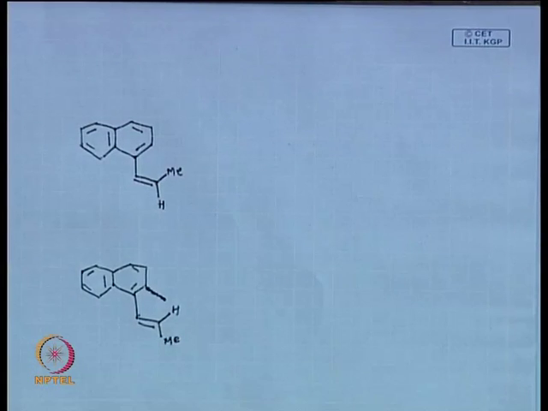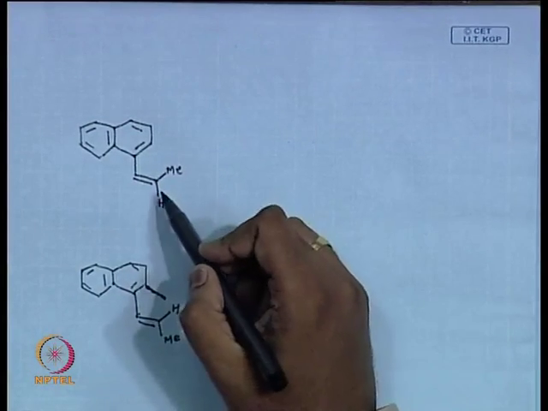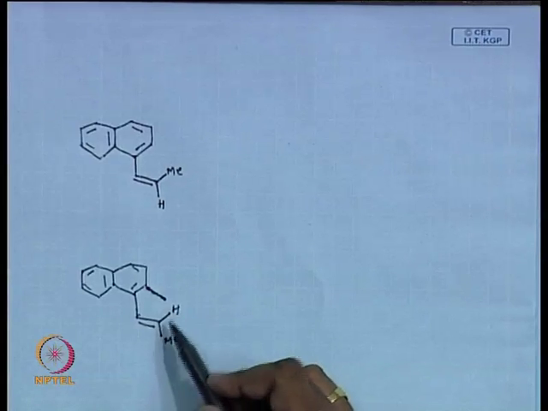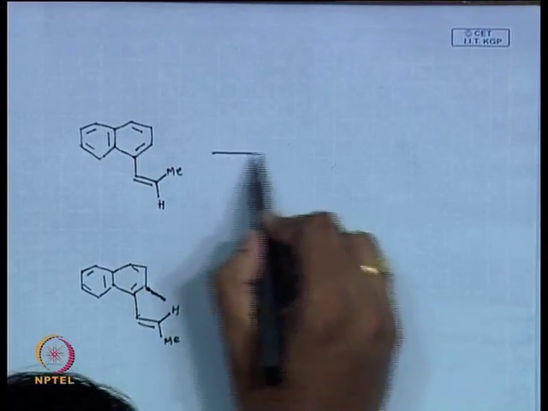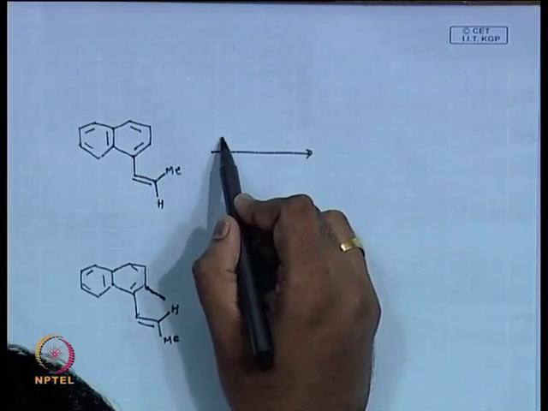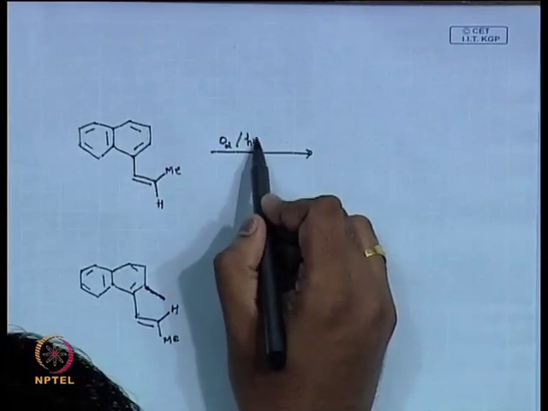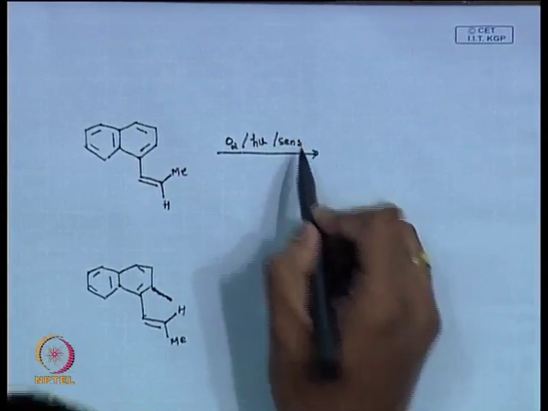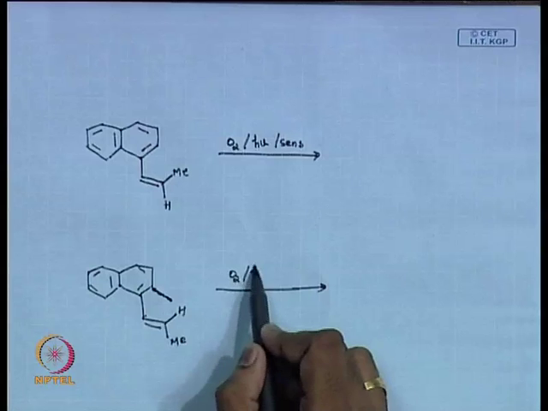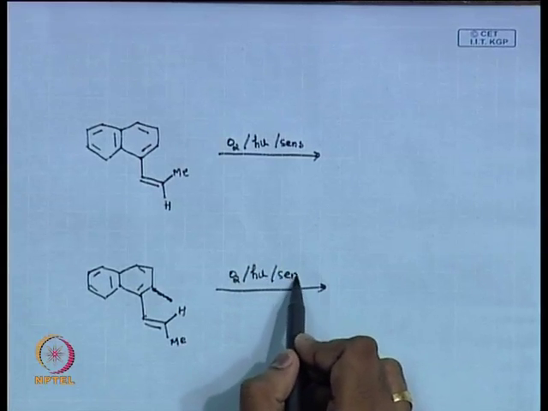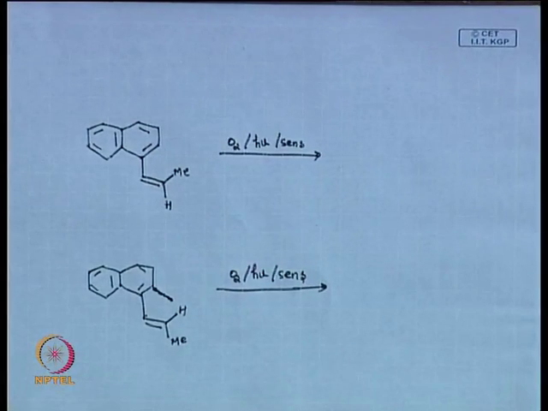This is the other way around. One has a methyl and hydrogen, the other has hydrogen and methyl. It's just the cis and trans of it. I am doing oxygen photolysis with sensitizer, following the same conditions for this.